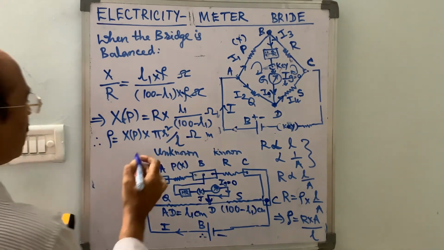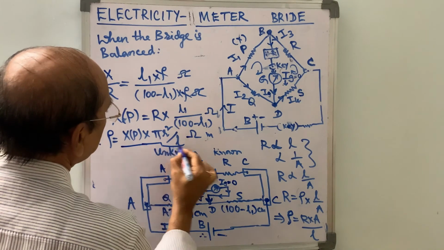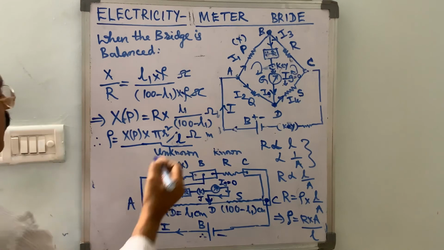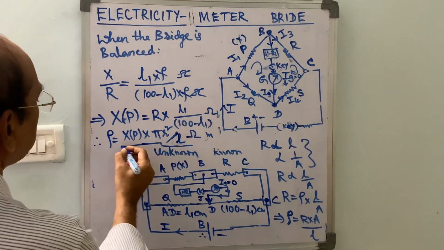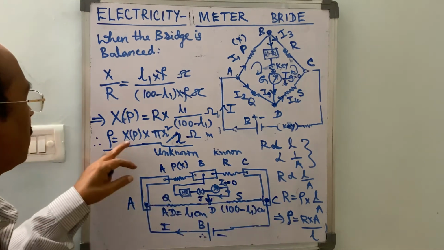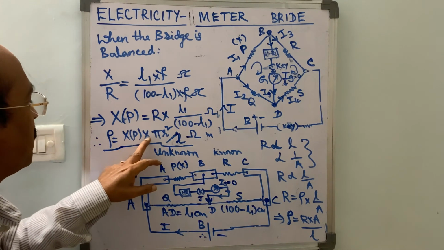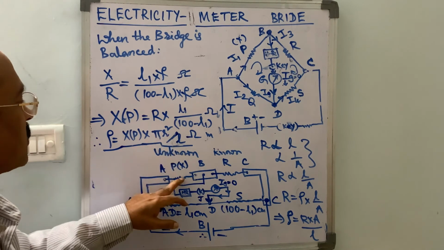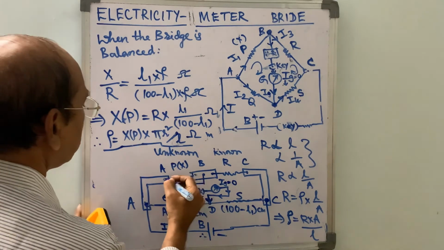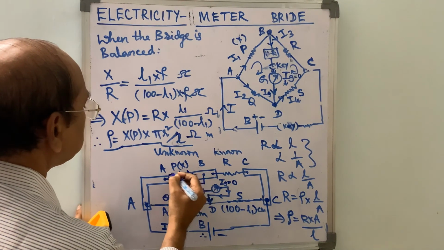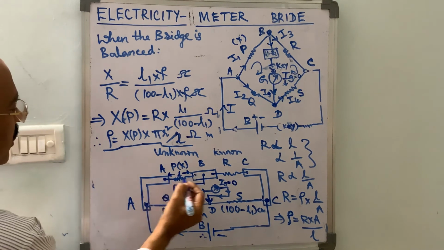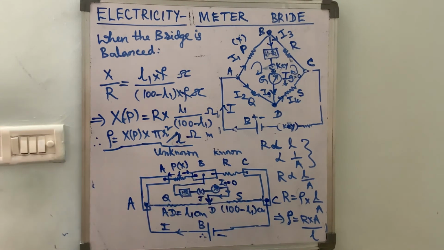From this formula we shall determine the specific resistance of the given wire, which is derived from this equation: rho is equal to the unknown resistance value X into pi r square, its cross-sectional area, divided by length L. Here AB is nothing but L, the wire length, from the tip of this point to the tip of this point.